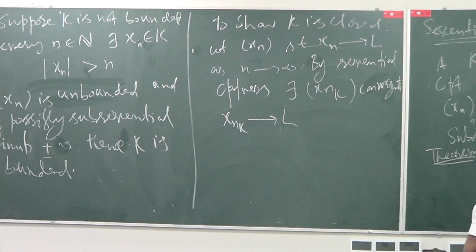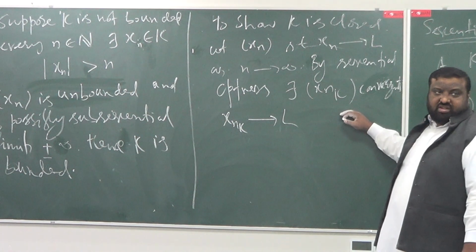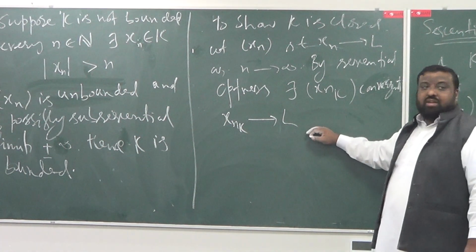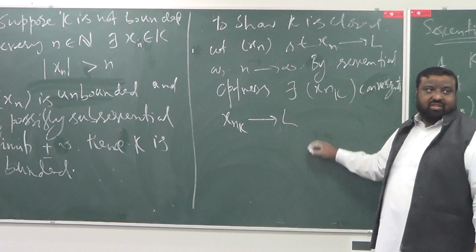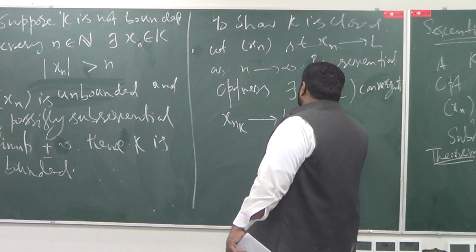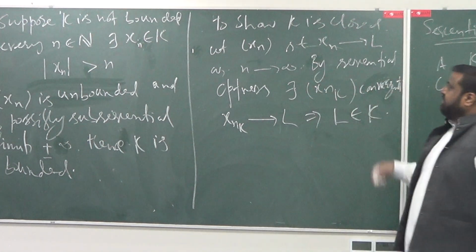And we know that that subsequence which is convergent, its limit also belongs to K. So this implies by definition that this L must be in K, and this is what you need to show.